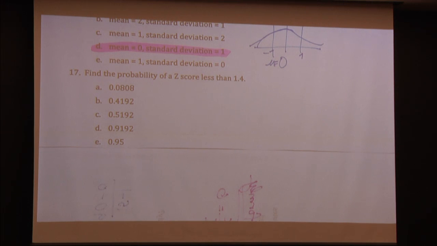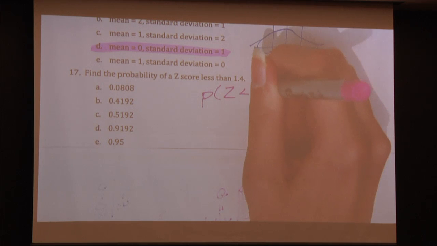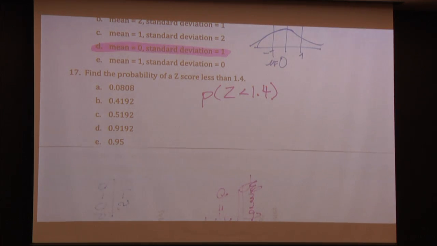So for here, we were looking at the probability of our z-score being less than 1.4. So what did you guys find? If this is something maybe you forgot or you don't like the way your answer looks, try drawing it.